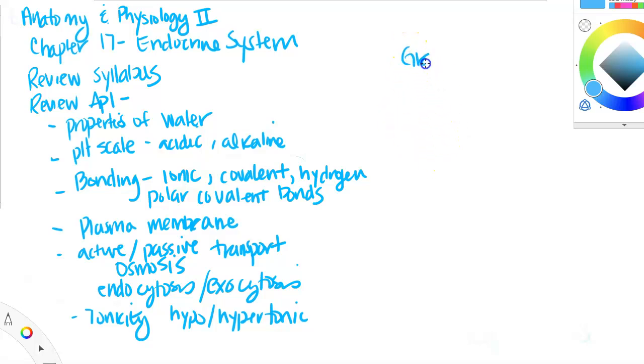Review graded potentials, what they are, how they're created.